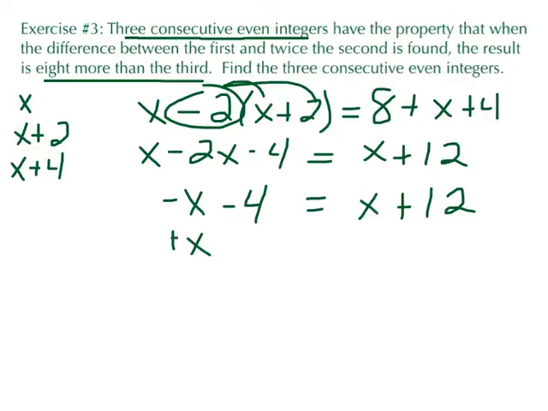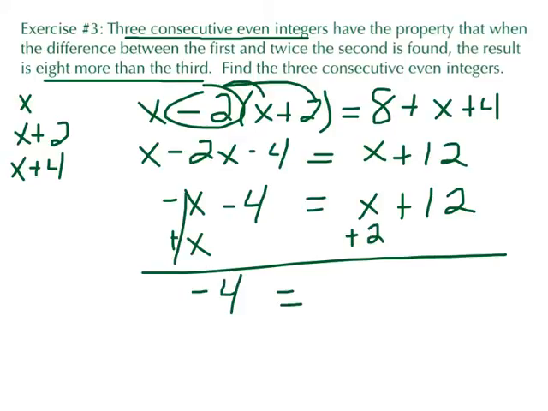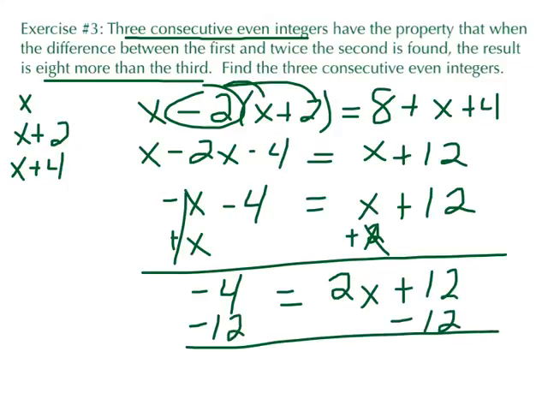I'm going to add x to both sides. So I'm going to have 2x plus 12 on that side, minus 12 on both sides. Negative 16 equals 2x, divide by 2, divide by 2.